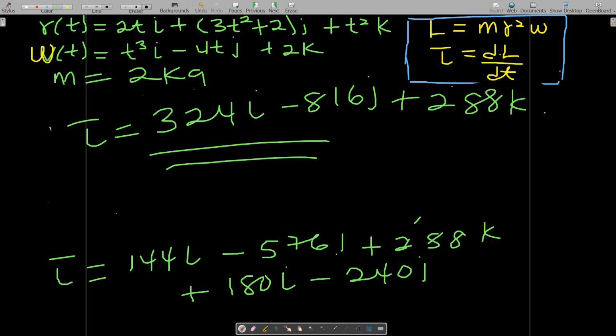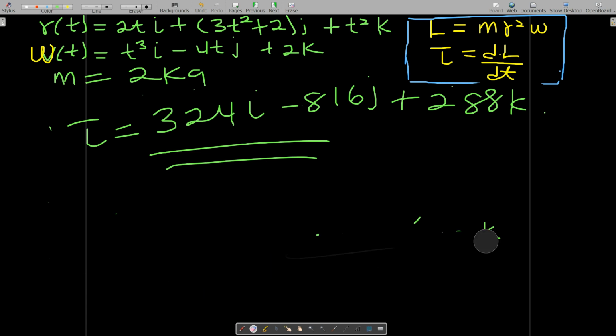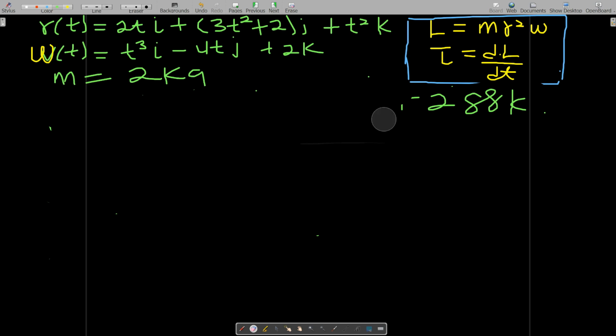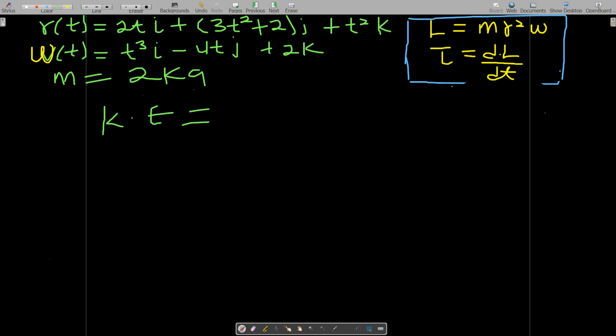So let's go ahead and do the last one, and the last one is what? The kinetic energy of the particle. Okay, now with the kinetic energy of the particle, always know that you can sometimes use what you know to find what you don't know. You know the kinetic energy of a linear particle is half mv squared.